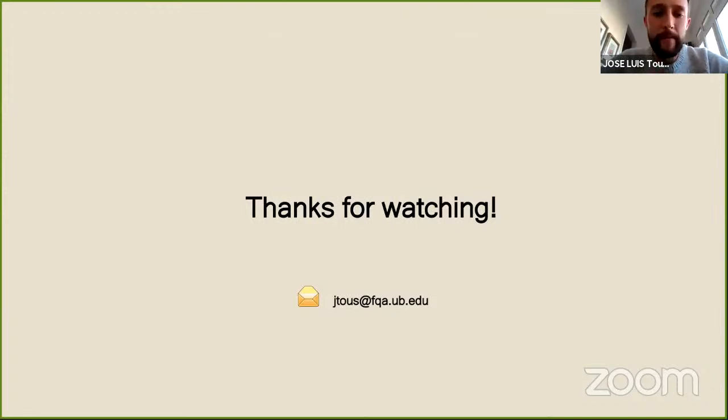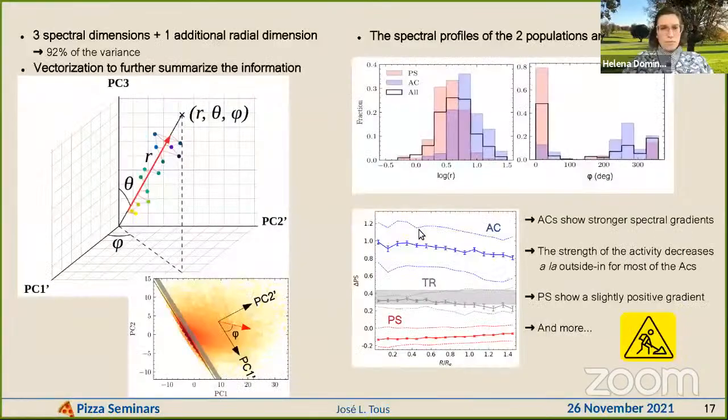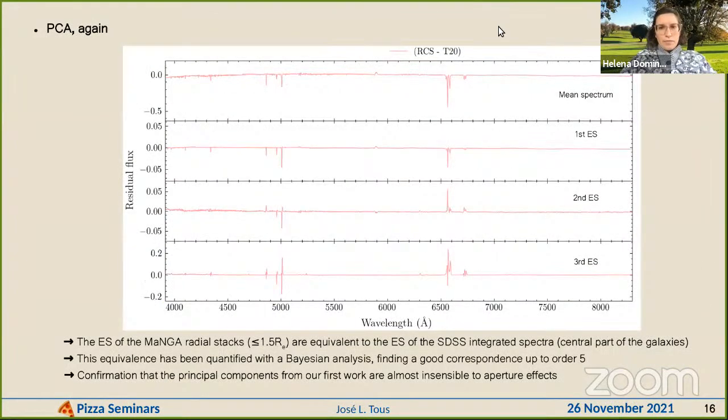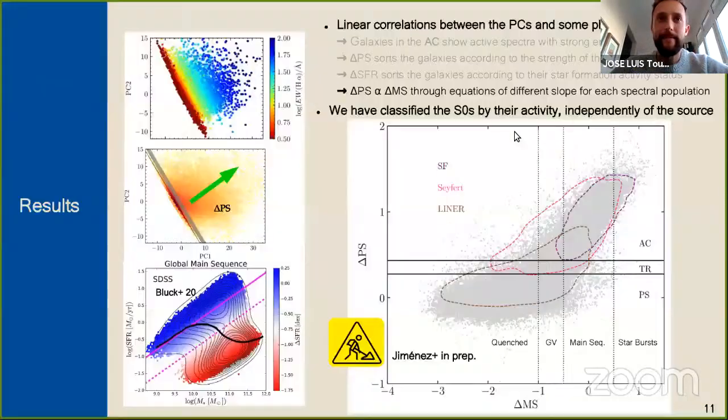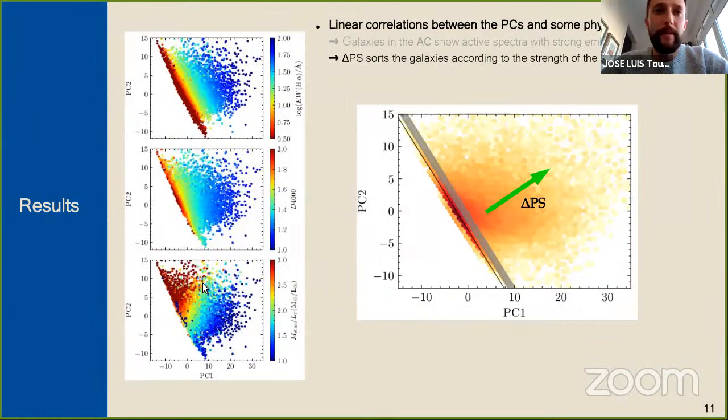Yeah, that was one of the first things we looked at, and we see that this property was very mixed in this plot of PC1, PC2. Let me go back to this slide. Here, we see that this property was very disordered in this plot.